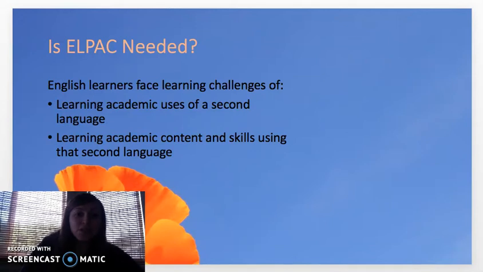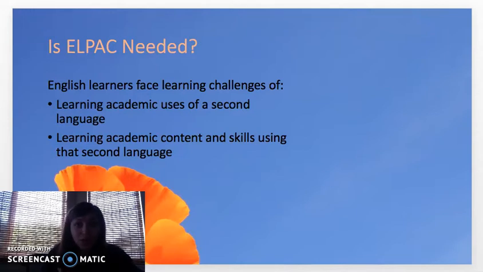Is it needed? So it is needed. Like I said, if a student comes to California and moves to California and knows very limited or no English at all, they need English to be able to thrive in the state of California, be it academically, socially, or work related.